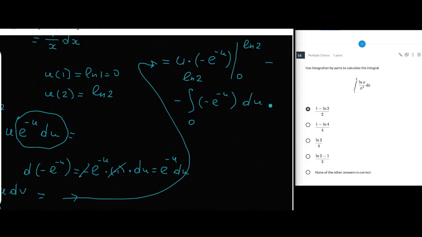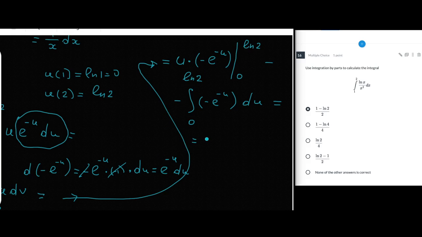and the limits of integration are also 0 and ln of 2. Okay, now for the first term right here, when we do the evaluation, if we plug in 0 instead of u, the whole term becomes 0 because 0 times anything is 0. When we plug in instead of u natural log of 2, what do we get?